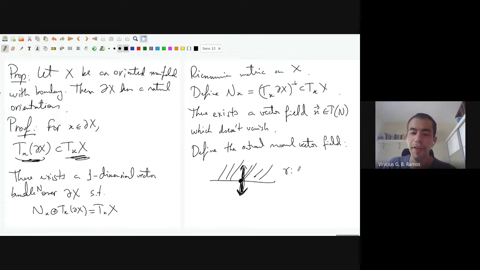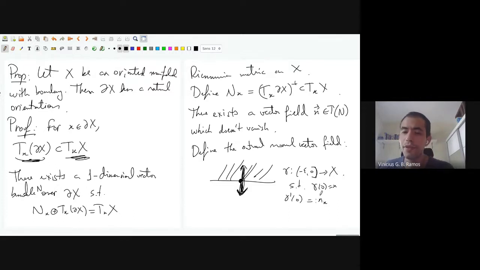You can define a curve gamma from minus epsilon to epsilon into your X, such that gamma of 0 is x, and gamma prime of 0 is the vector field that you choose.